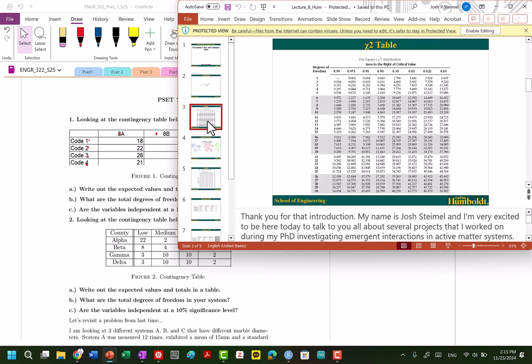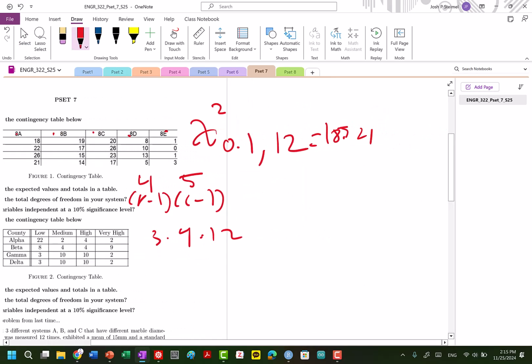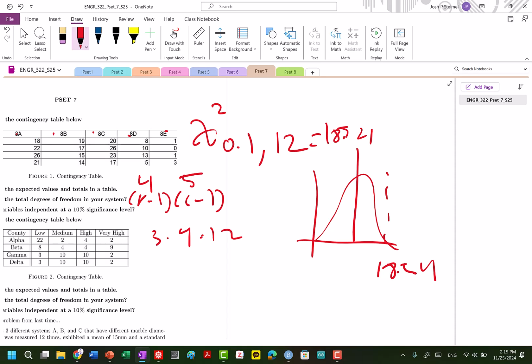So if we look at our chi-squared value of 0.1 and 12, that's going to give us a value of about 18.54. Our experimental falls in the do not reject regime, so that is going to be P is greater than alpha, because our value is 9.55.